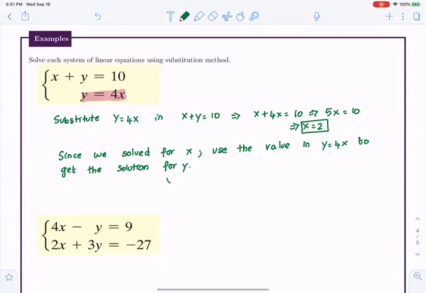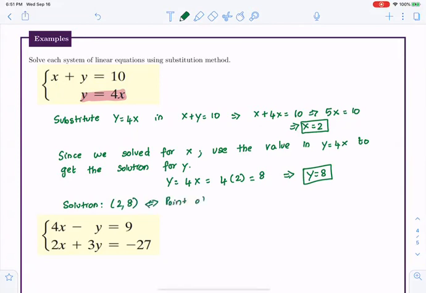So y in this case would simply be 4x, therefore 4 times 2, which is 8. So the solution to the system, always x goes first, is (2, 8), and it is the same as the point of intersection of the two lines.